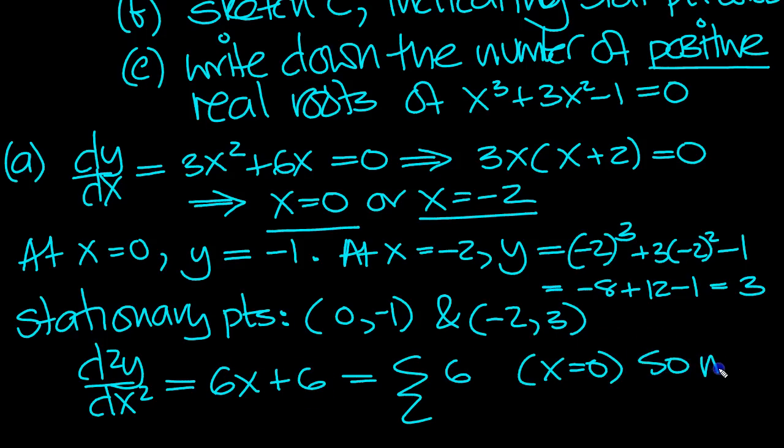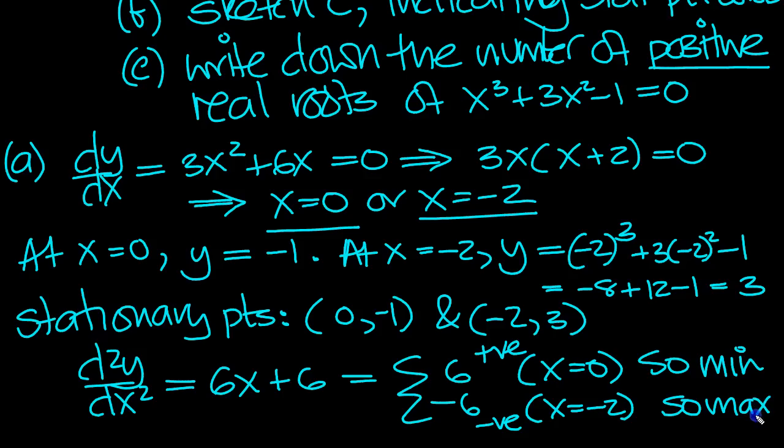So this is a min because it's positive. And then if we put in minus 2 here, we get minus 12 plus 6 is minus 6, which is negative at x equals minus 2. So it's a max. So this one is at 0, this was a min, and this one here is a maximum.